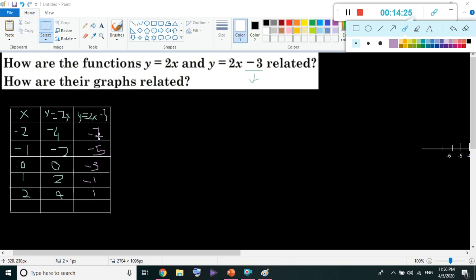Oh yes, that's right. Now we have to graph all these numbers so we can find the answer.